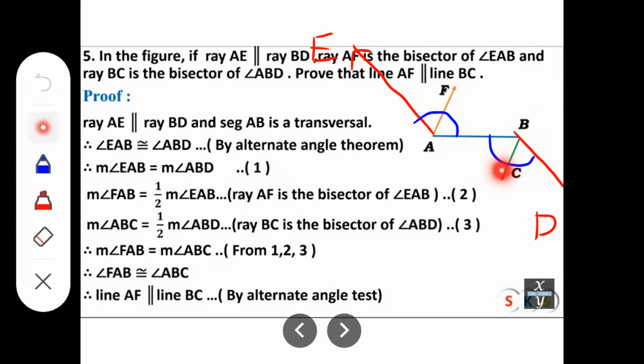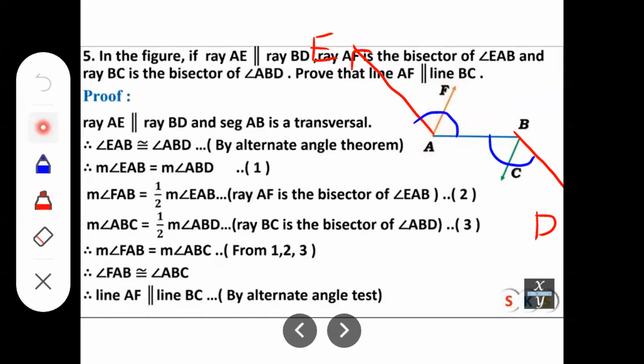So now see angle FAB. This is half of the angle EAB because AF is its bisector.